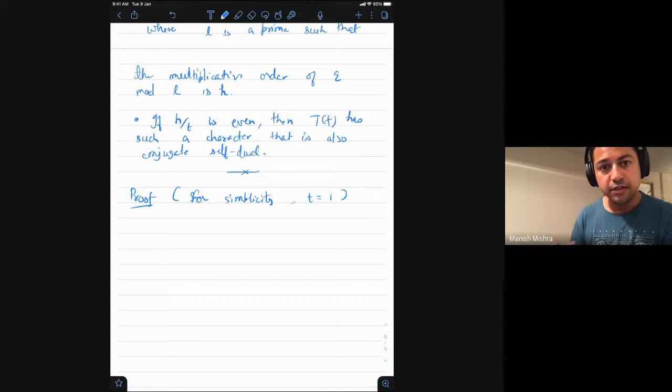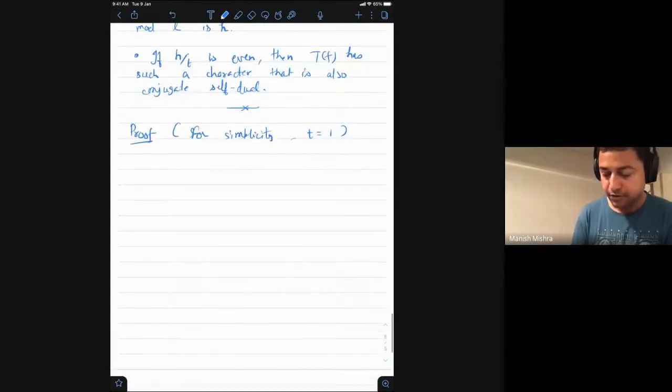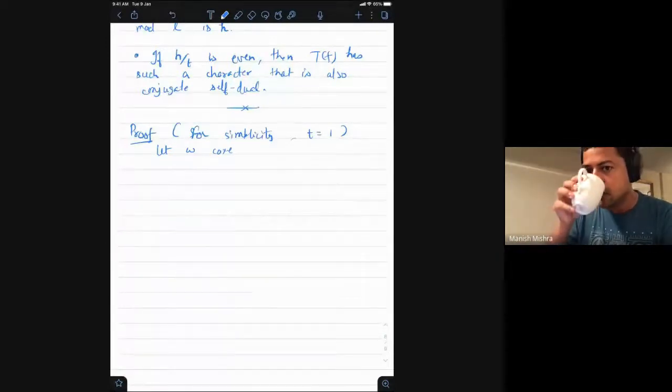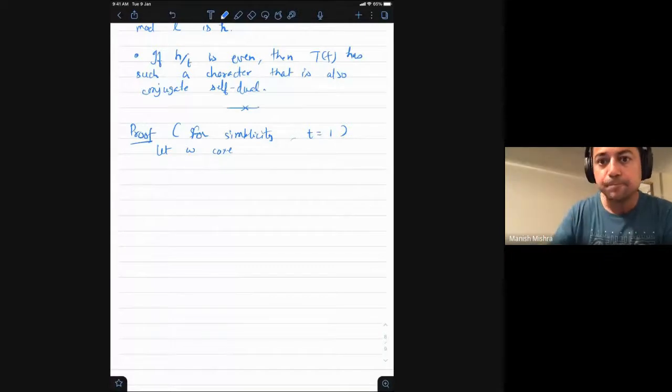And remember that we are in the absolutely almost simple case. So let omega be a Coxeter element. So now we don't have to worry about twisted Coxeter and all. So it's a Coxeter element, meaning that it's a product of simple reflections.